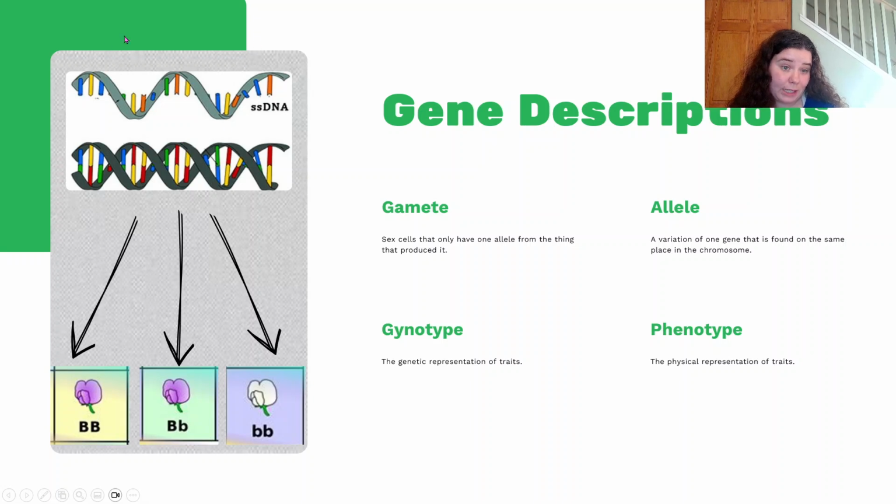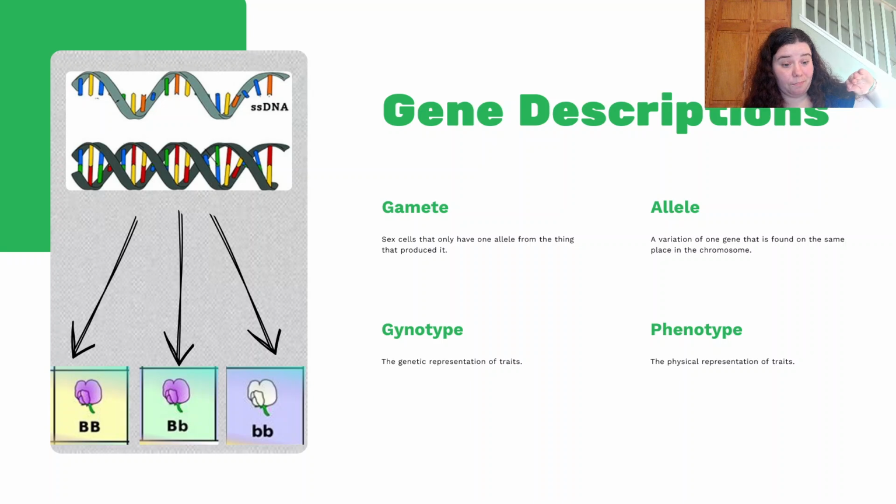A gamete would only have this top piece encompassed in a cell, and it would give it to another cell. The two half cells would meet and make this thing, which has two alleles. An allele is a variation of one gene, right? So this would only have one letter, this top one. An allele is the one letter piece.